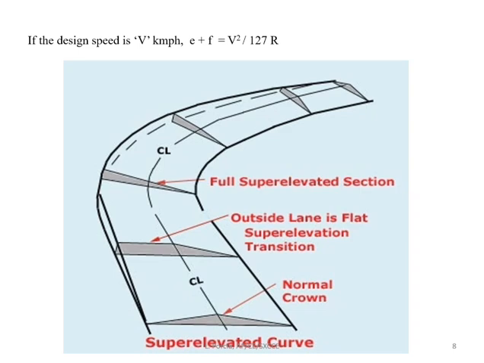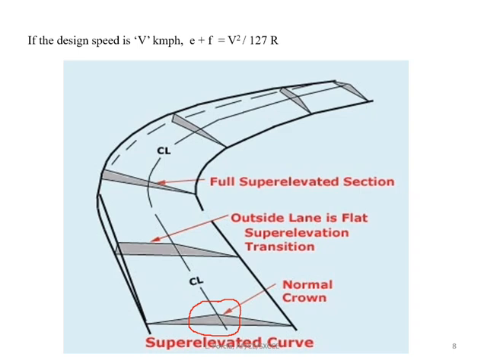And in this figure, we can see how gradually the super elevation is provided on the horizontal curve. Initially, in the straight portion of the road, the natural camber is provided, and this is the transition curve portion, and here super elevation is introduced gradually.